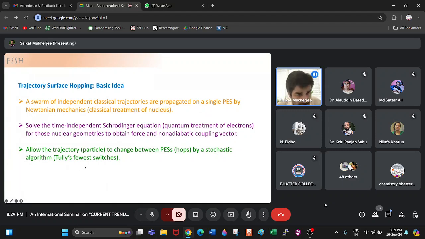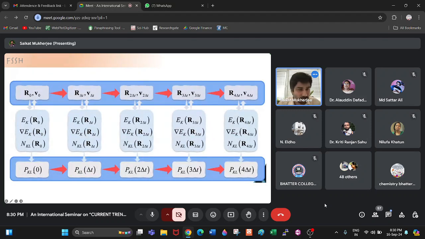I will not go into the theoretical formulation, but the basic idea is this. The schematic will look like this. It is your initial molecular geometry R, and V is your initial velocities. So you have this R0. You prepare the Gaussian input, you prepare the MolPro input, and ask MolPro, please give me energies, gradients, and non-adiabatic coupling.